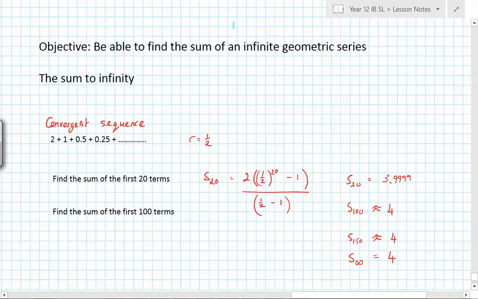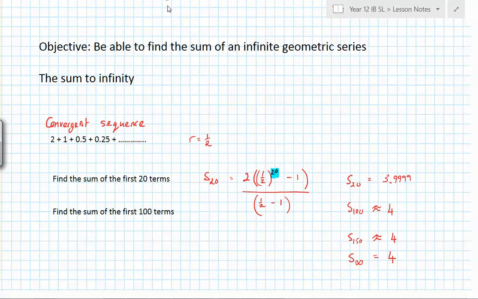Check your understanding of numbers. If I wanted you to do the sum of 100 and then 101, what in the formula would change? The power of 20.